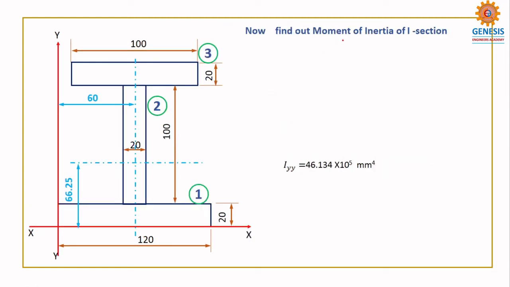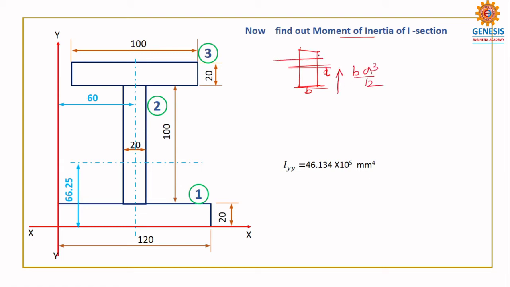Next, to find the moment of inertia of the I section. First, the moment of inertia of a rectangular section, that is B, D, about the base, is BD cube by 12.